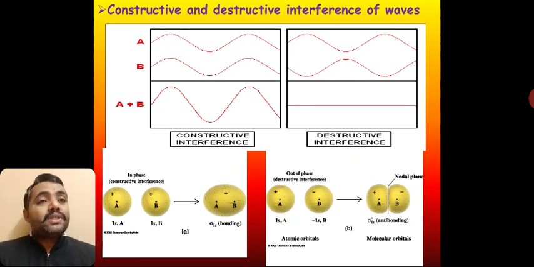On the right side, look at destructive interference: both are opposite to each other, therefore they do not combine. If atoms A and B are in the same phase, positive with positive, they overlap positively.